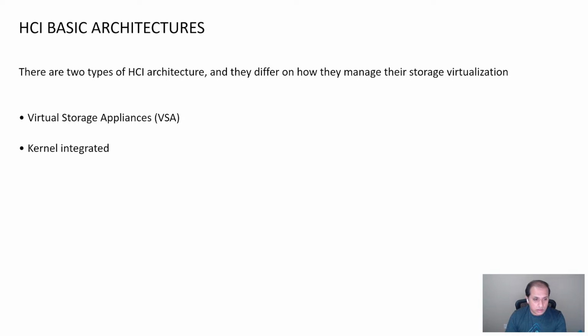The VSA based appliance architecture is most prevalent in the market. Kernel integrated is provided by some vendors, mostly VMware vSAN, but we'll go through each one of them in detail.